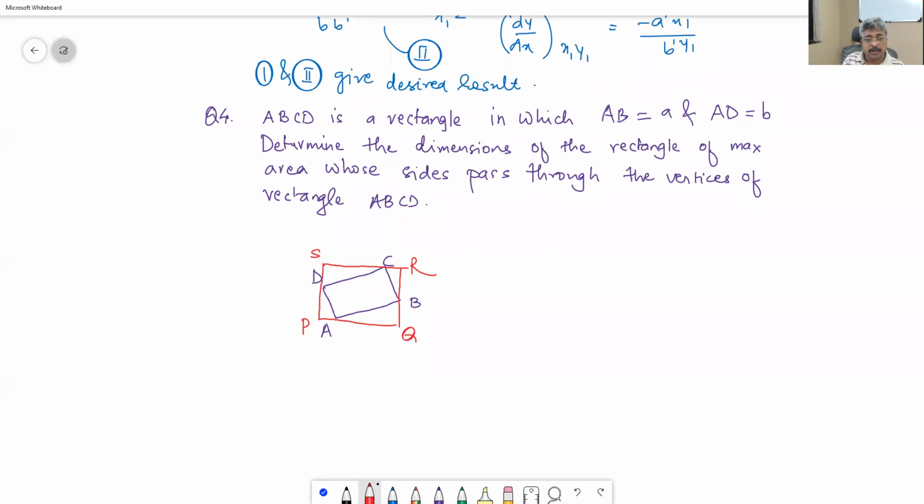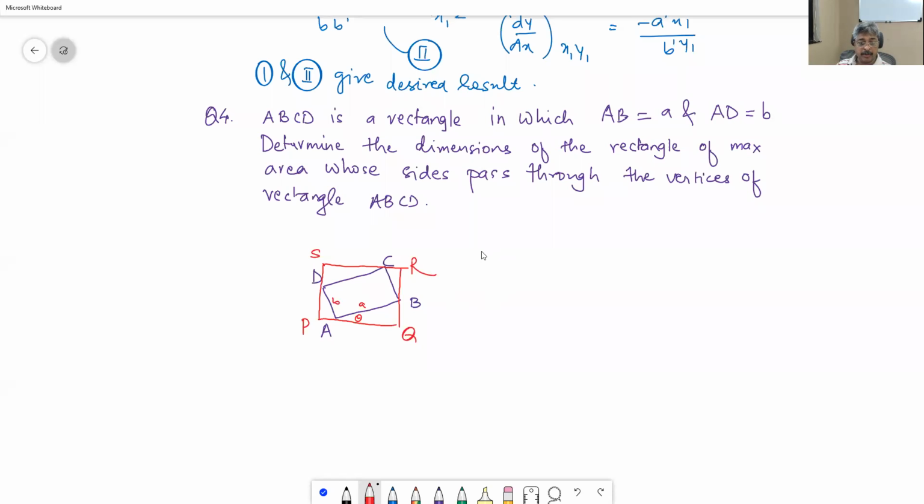Okay, so let me just discuss. In this case, you can consider this angle to be theta. That is one way of parameterizing and finding the value. This is small a, this is small b. Therefore, by symmetry, we will be able to find out the area.